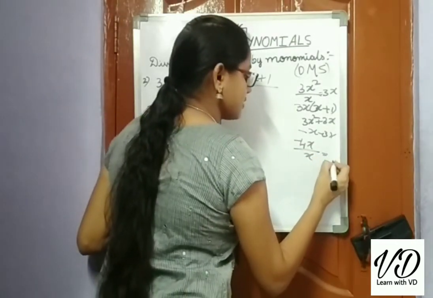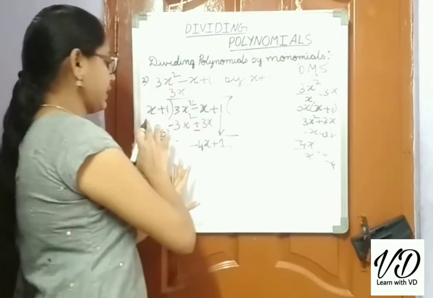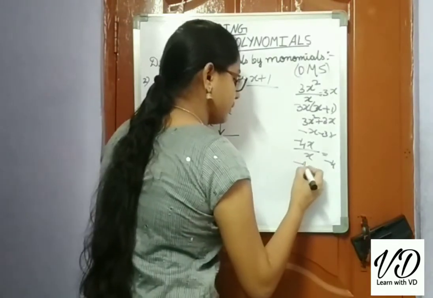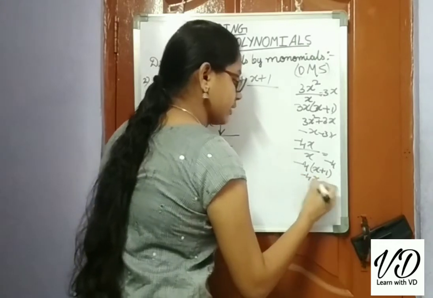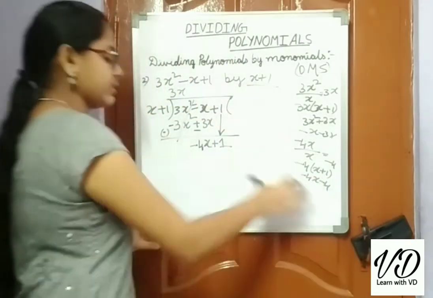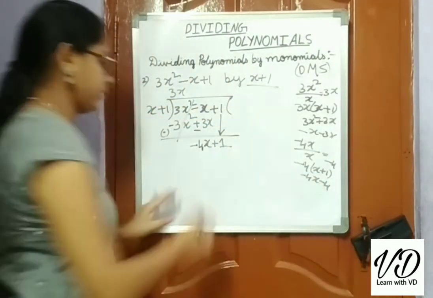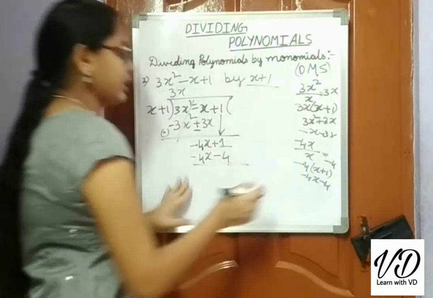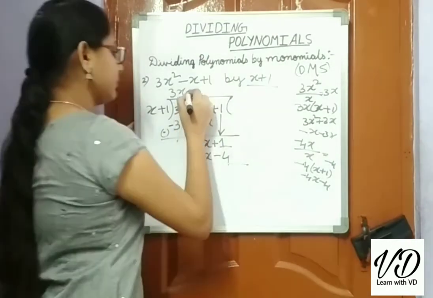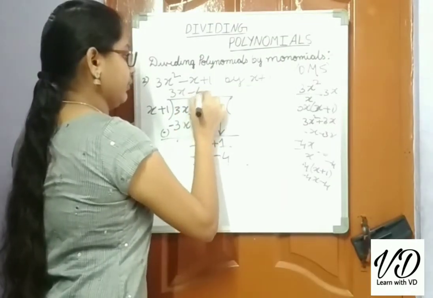We'll get minus 4. We multiply this with x plus 1: minus 4 into x plus 1 is minus 4x minus 4. This will be our answer here, and we get a quotient of minus 4.